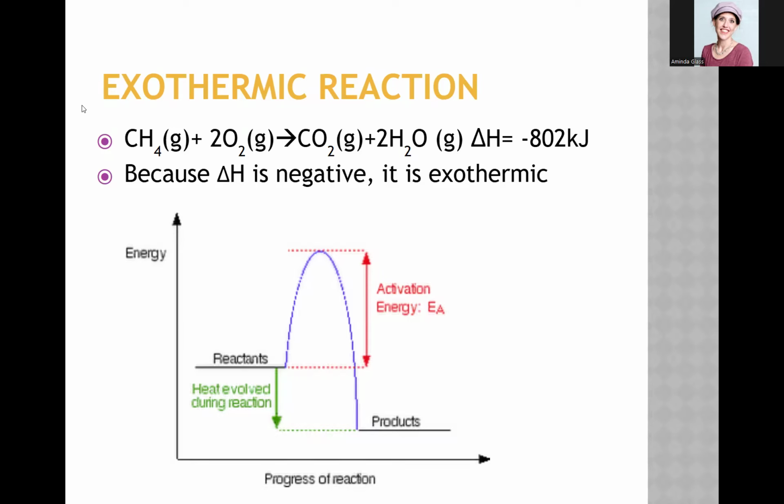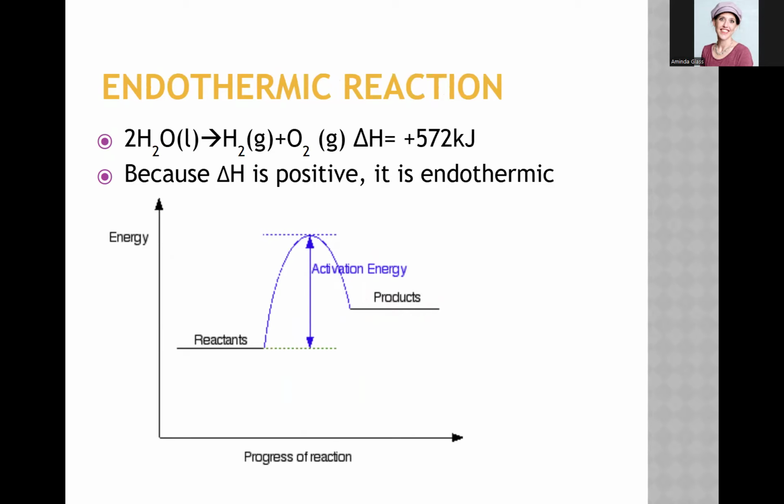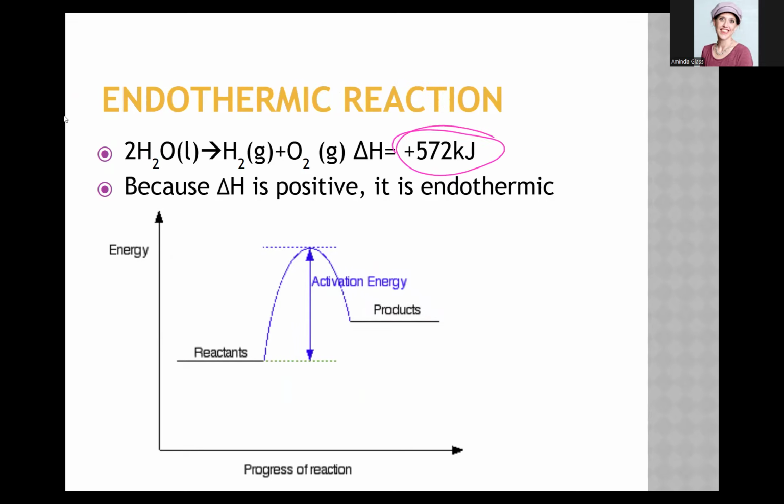Again, because delta H is negative, it's exothermic. Here, we have an example of an endothermic reaction. Notice that our final energy change is positive.